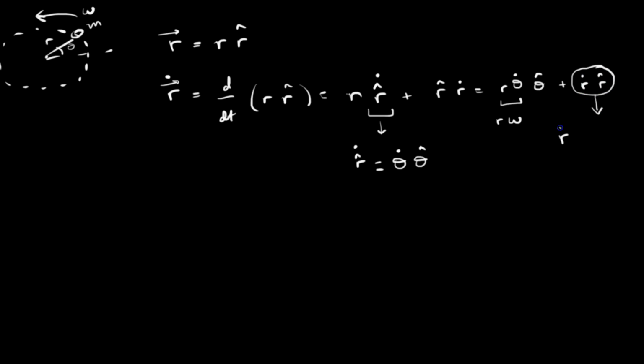What's r dot? R dot is dr/dt, the change in the radius. Normally we think that the radius doesn't change, right? The radius is fixed and you're just going in uniform circular motion. But the radius can change. The radius can get bigger if you're expanding, and the radius can get smaller if you're decreasing.